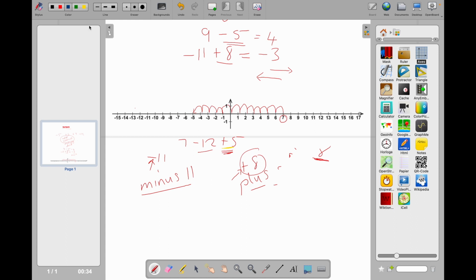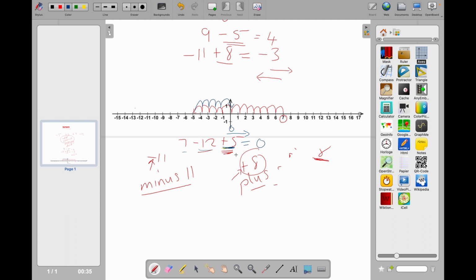Okay, now as you can see, we have plus 5, but remember plus means we are going to the right, so we come back here: 1, 2, 3, 4, 5, and we reach here, and here we have 0. So 7 minus 12 plus 5 is equal to 0.